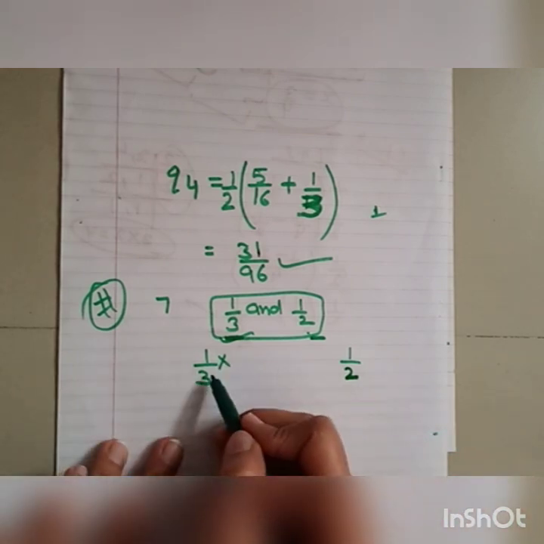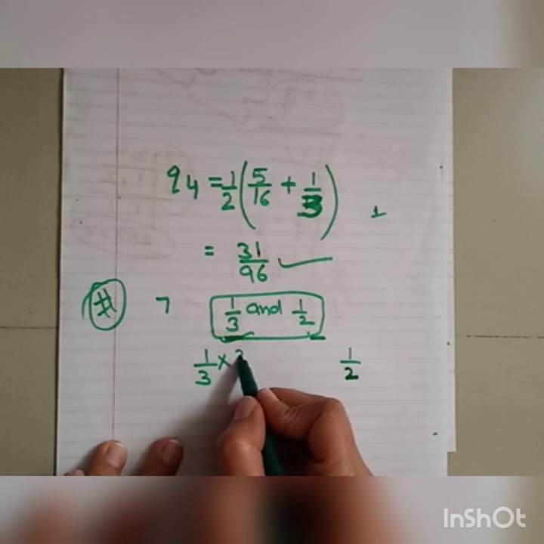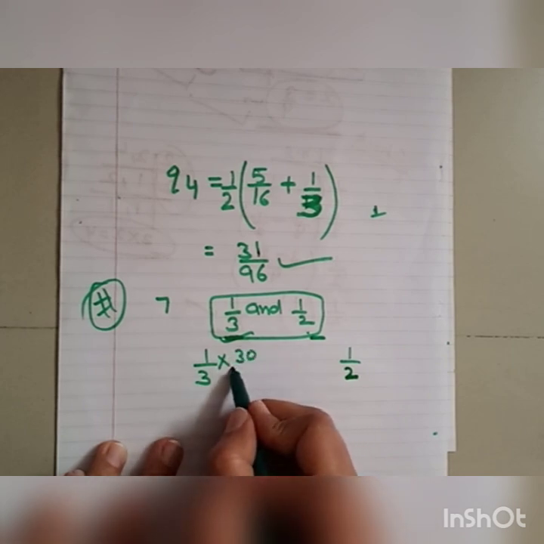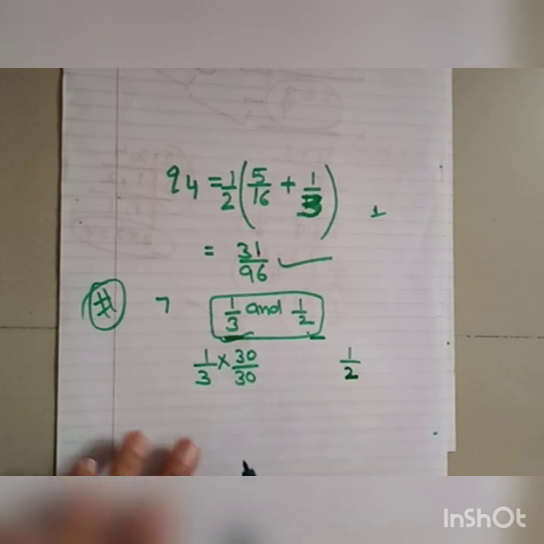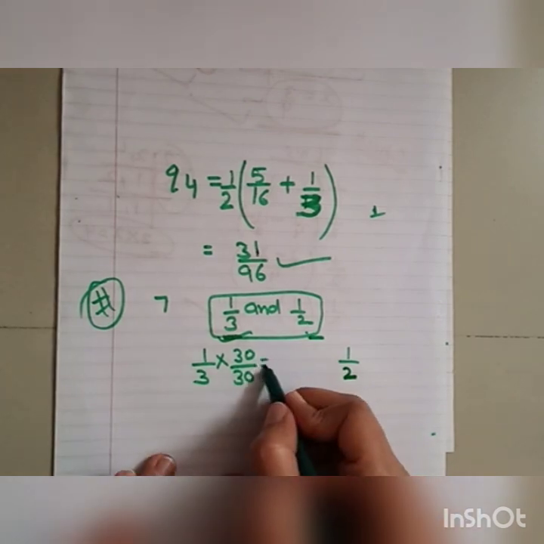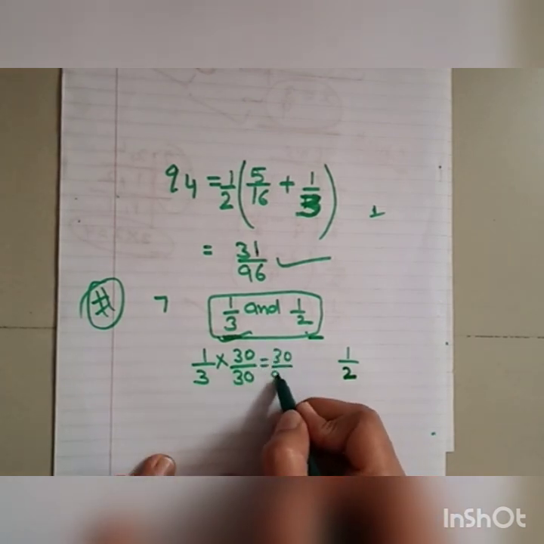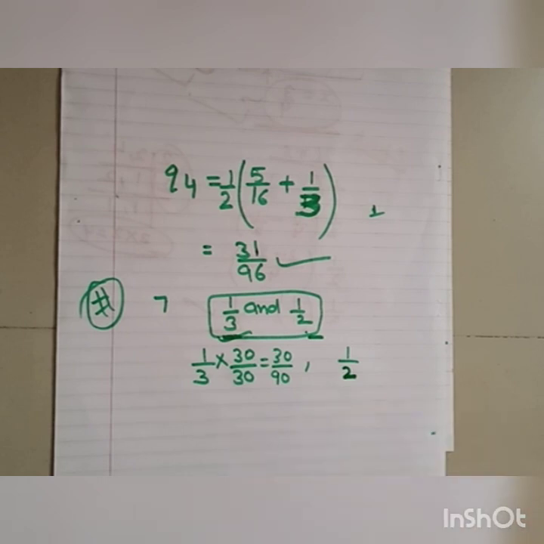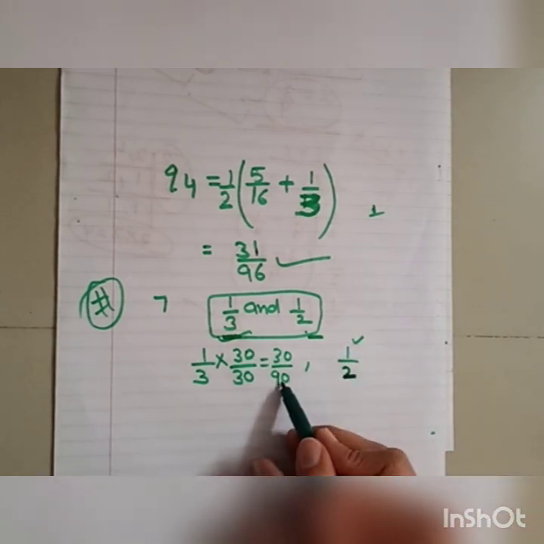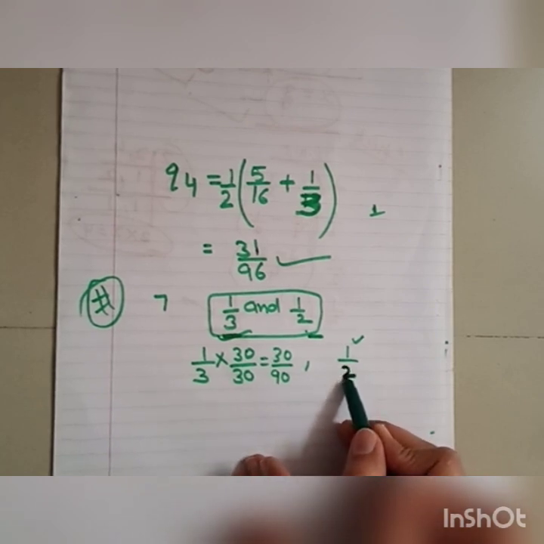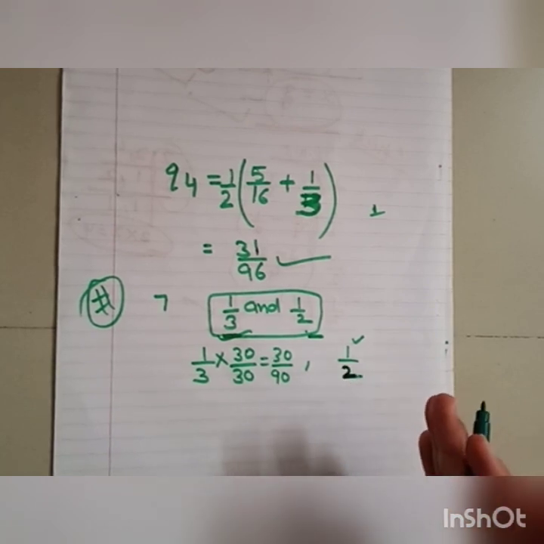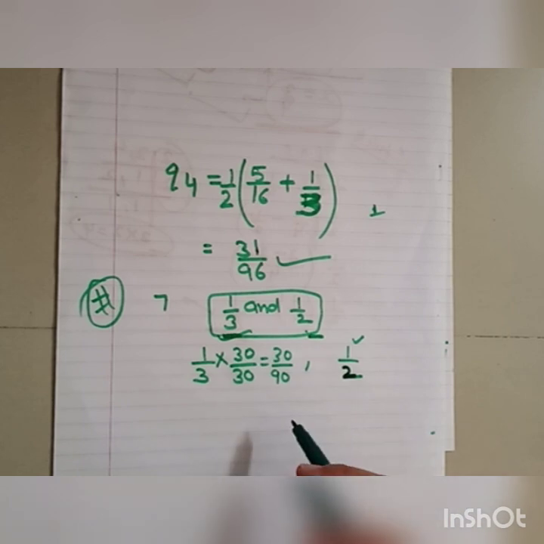See, if we multiply 1 by 3, numerator and denominator both, by 30, we get 30 by 90. Now in the case of 1 by 2, how can we get the same denominator? By multiplying by which table do we get 90? 45 twos are 90.